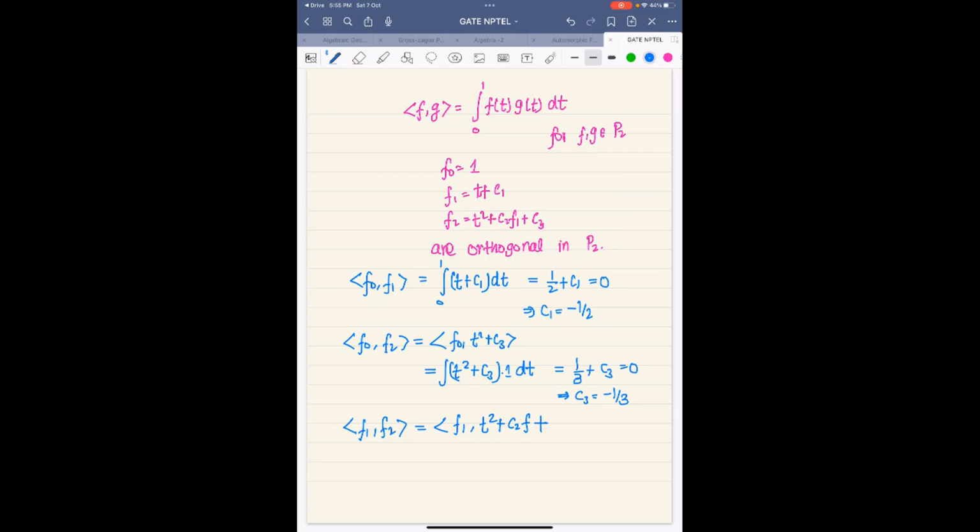But note that c3 is just a scalar multiple of f0, and we know that the inner product of f0 with f1 is 0. So we can basically choose not to write this because the inner product will be 0. So this is the inner product of f1 with t square plus c2 f1, comma f1.